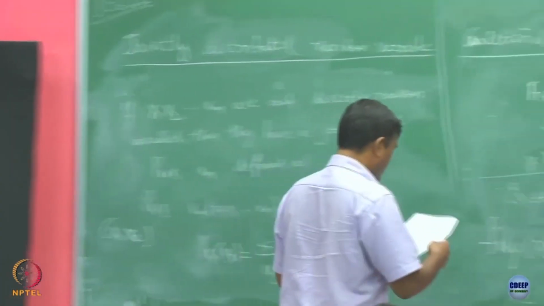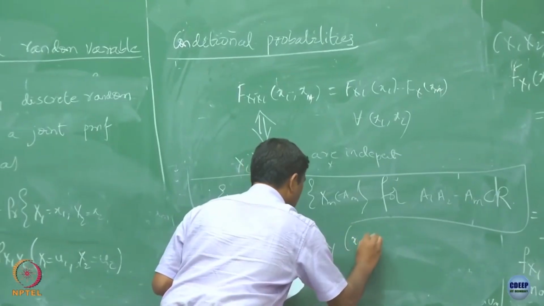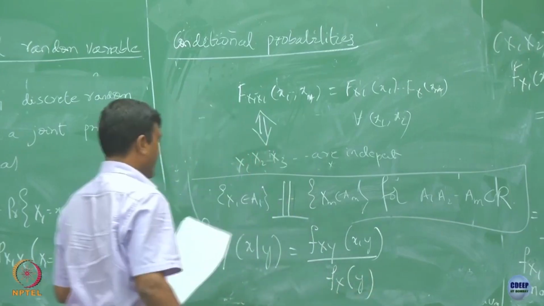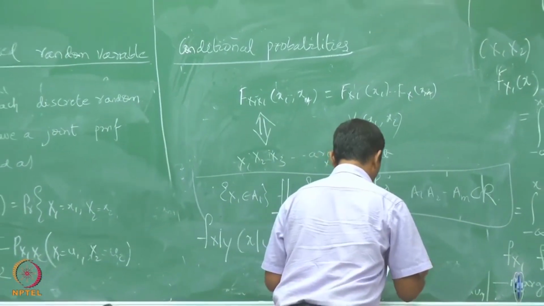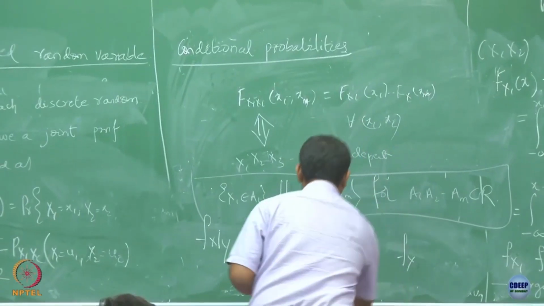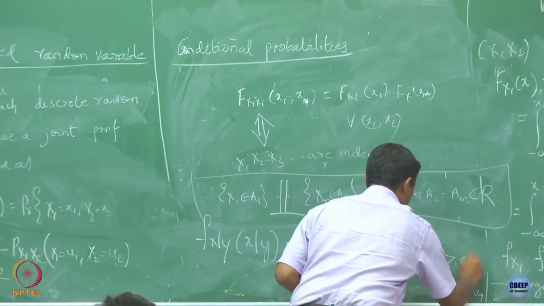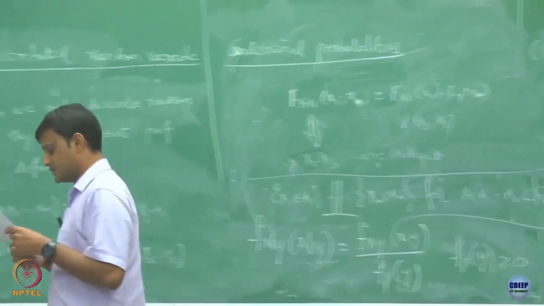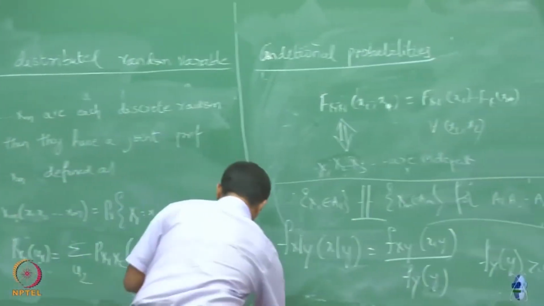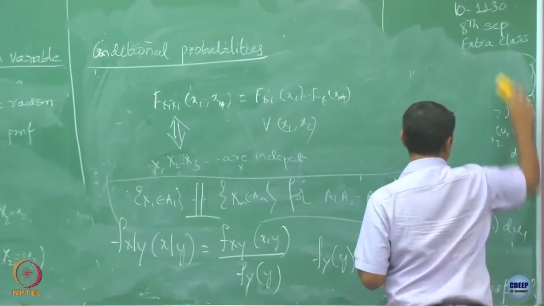So this is going to be f of xy divided by f of y, provided naturally f of y is greater than 0, otherwise this is not useful. And last thing, this is for the continuous random variable.